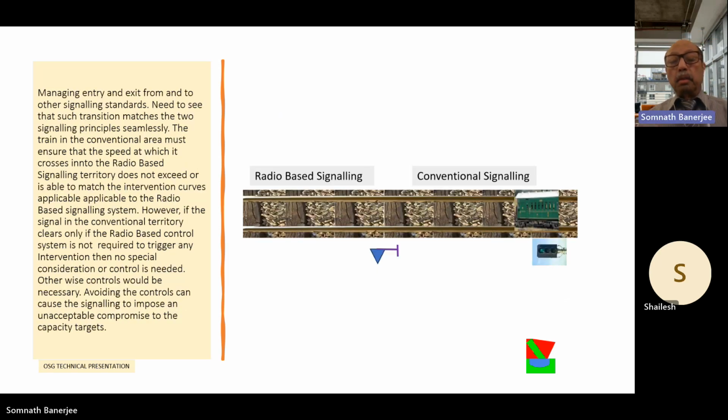Now, before I end, I'll quickly go through the special case of a train which is moving from a conventional signaling area to radio based signaling and vice versa.